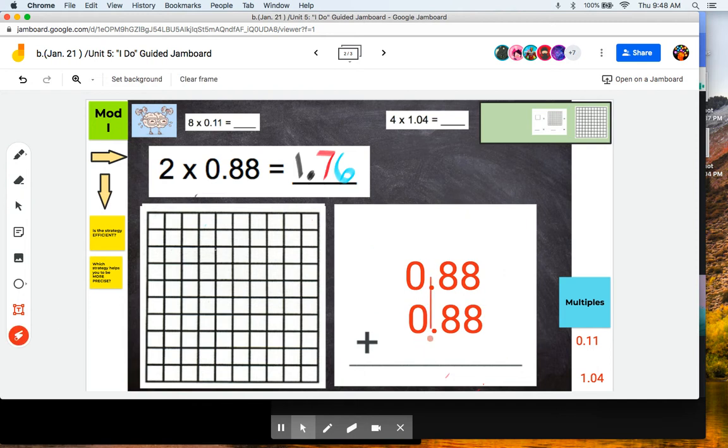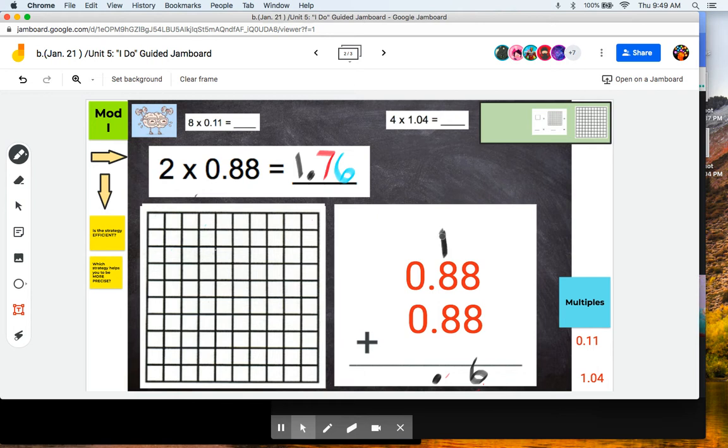Decimal points lined up? Check. Decimal point lined up. Pull it down. 8 plus 8, 16.